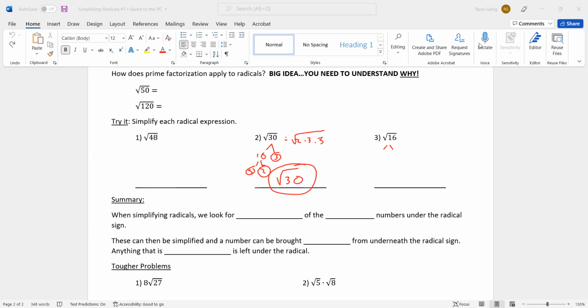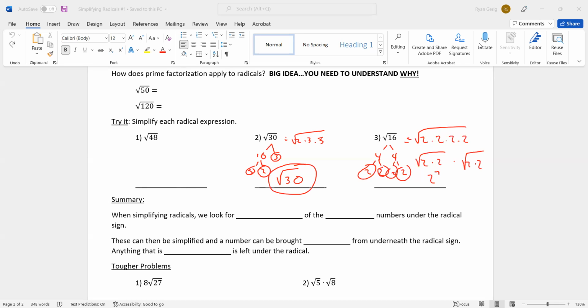Okay, we'll do 16, 4 and 4, 2 and 2, 2 and 2. So that's 4 2's. I'm going to break them so I can make pairs. So that's 2 2's under one and another 2 2's under another.